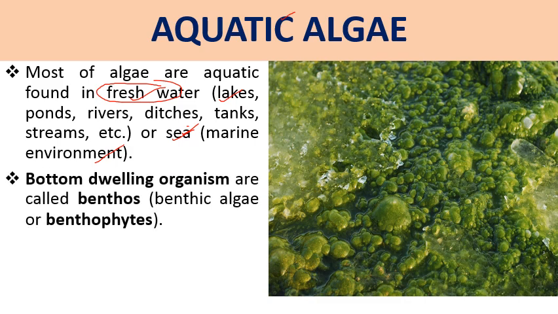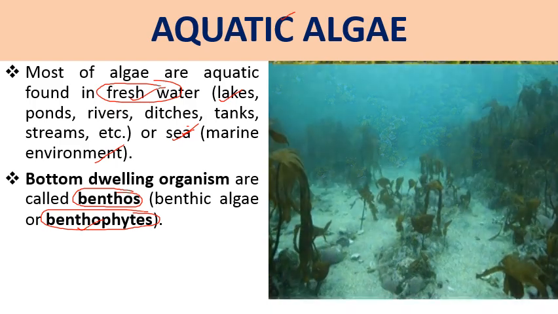Then there are some algae which are found at the bottom of a water body. जो bottom dwelling organisms होते हैं commonly, meaning plants as well as animals which are bottom dwelling, उन्हें कहा जाता है benthos, while only the plants which are found at the bottom of a water body are known as benthophytes.